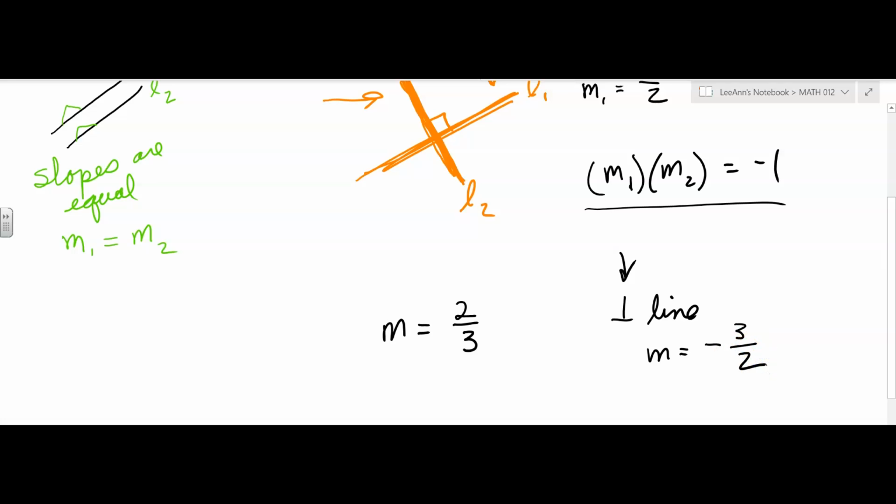Okay? If you had a line with a slope of -5, then the perpendicular line would have a slope of +1/5. Okay? So you can play around with that, but we'll see some examples.